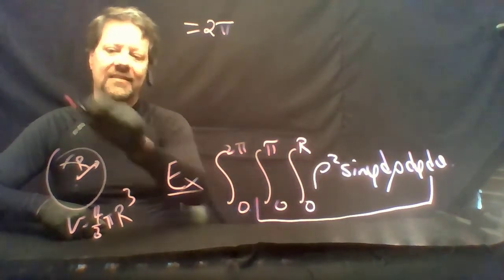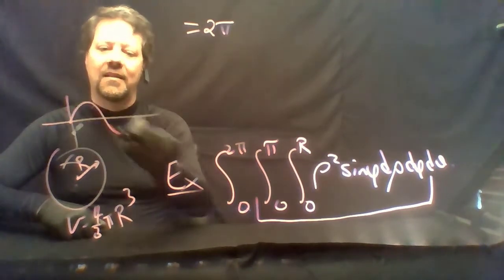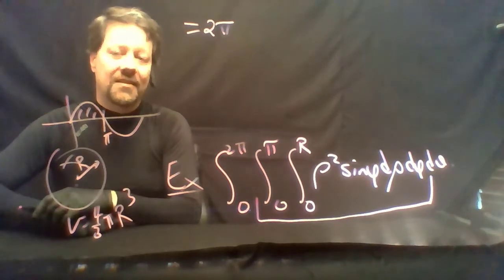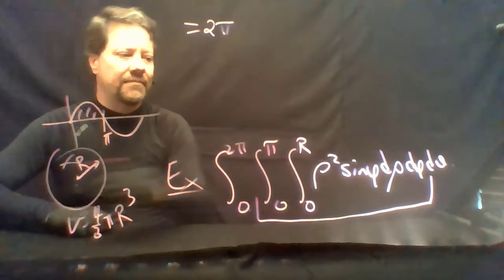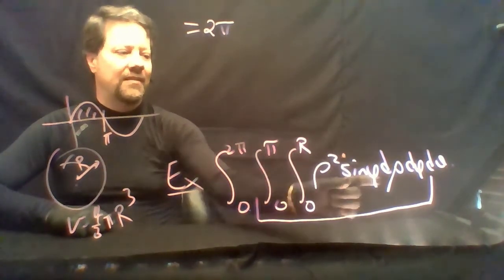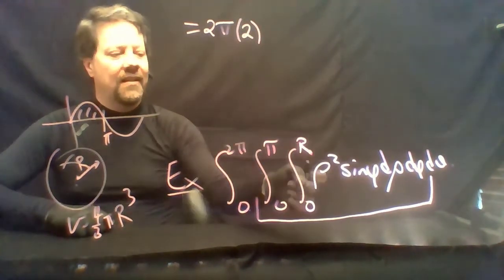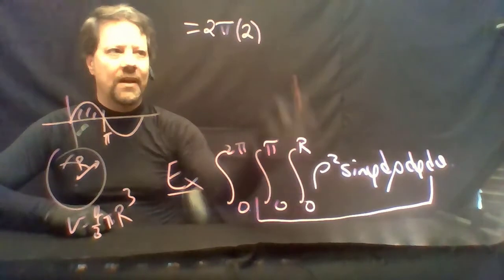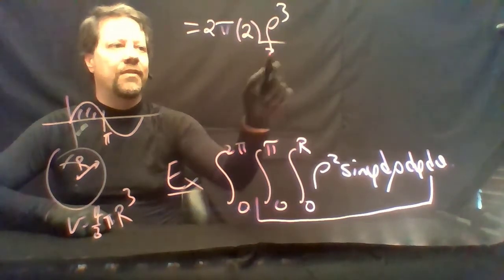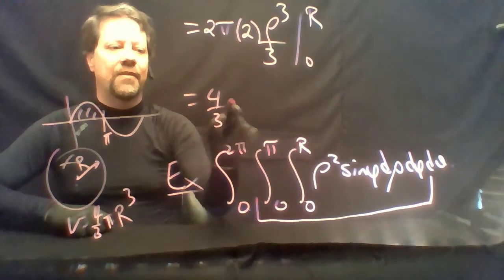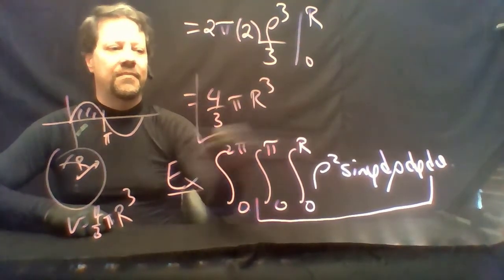Integrating sine from 0 to pi gives us one bump. One bump gives you 2. Then integrating rho squared gives us rho cubed over 3. And so we get 4/3 pi r cubed.